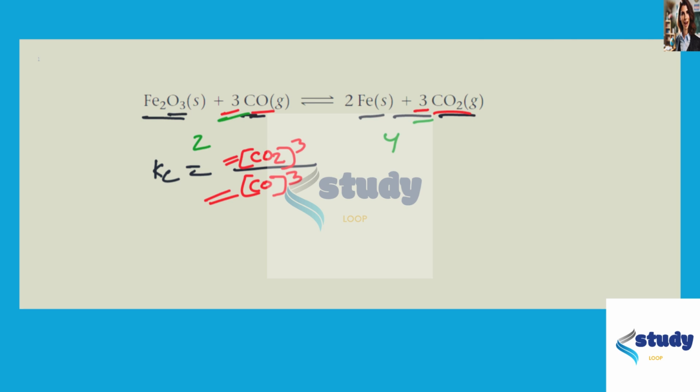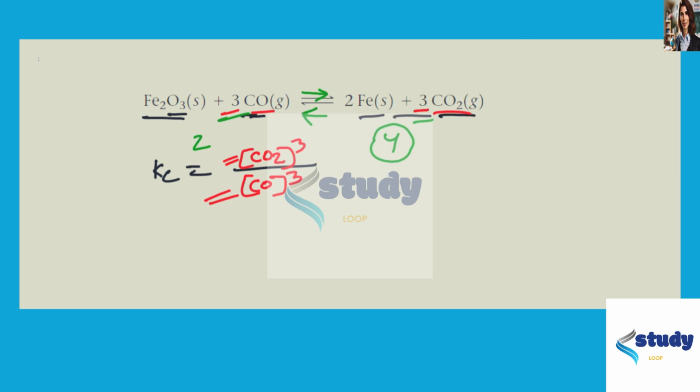In that case, since we have four molecules on the product side, the forward reaction rate will increase and the equilibrium will shift to the right. If we decrease the volume, it will go the other way, because the equilibrium will shift in a way where there are fewer molecules present, so it will shift to the left.